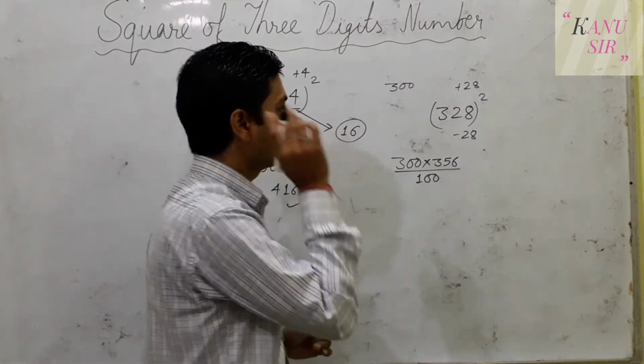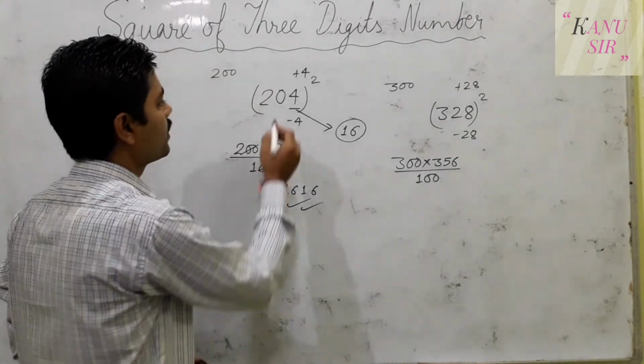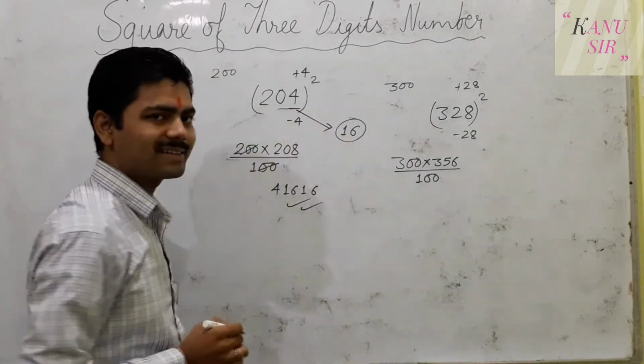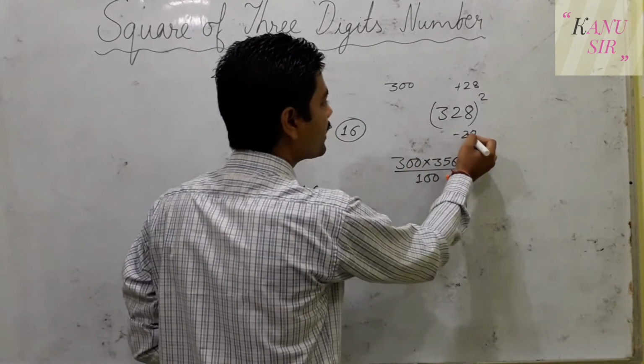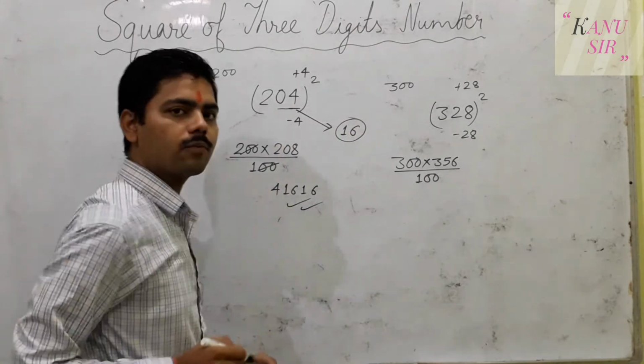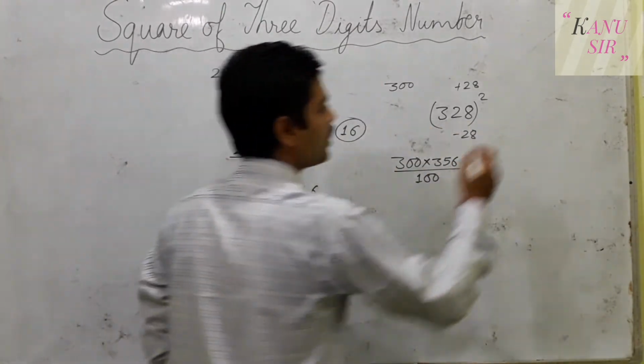But we have to understand what number we must do the square of. Before it used to be 04, so the square of 04 was 16. Now we have subtracted 28. Before we subtracted 4, so we did the square of 4. Here we subtracted 28, so we are going to take the square of 28.